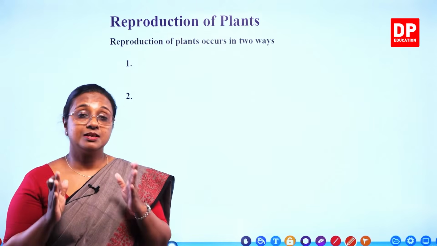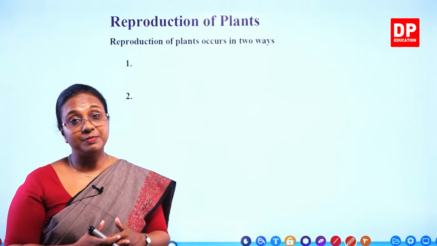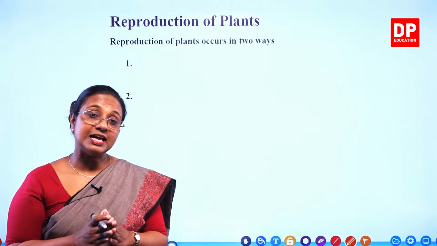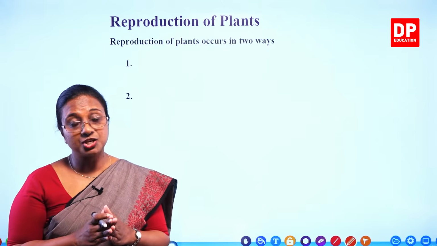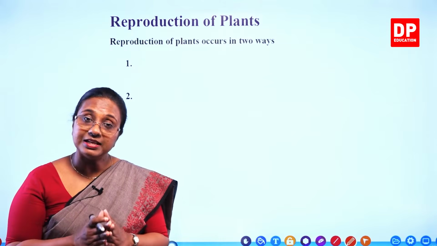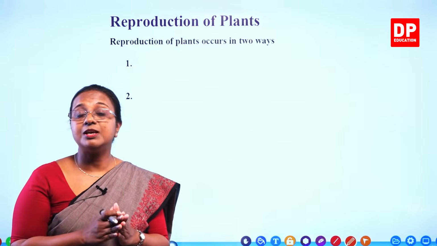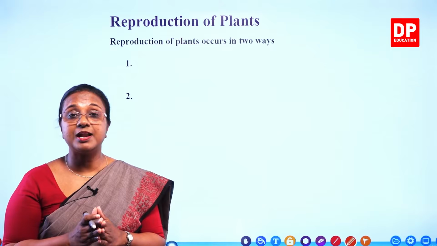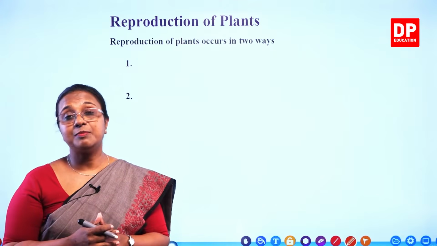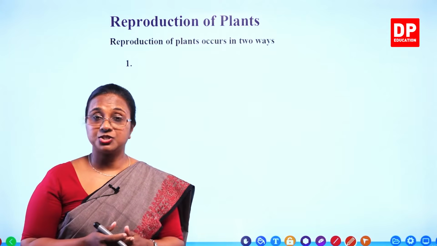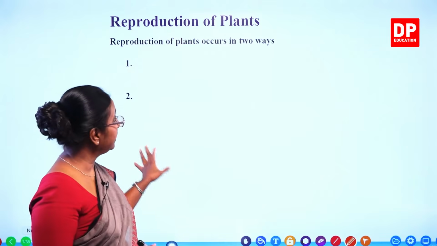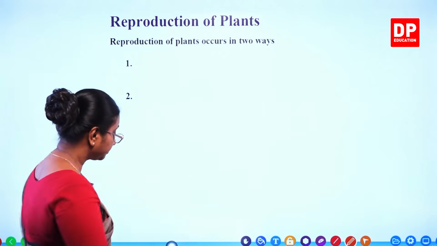So these parts lead to reproduction. Then we call that vegetative reproduction. So plants can either reproduce by vegetative reproduction or asexual reproduction. Otherwise, they reproduce by sexual reproduction. So both methods are seen in plants.